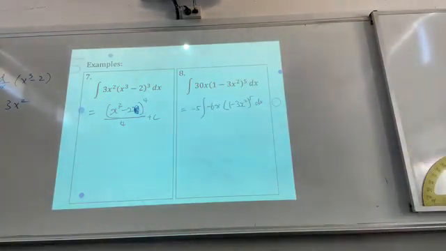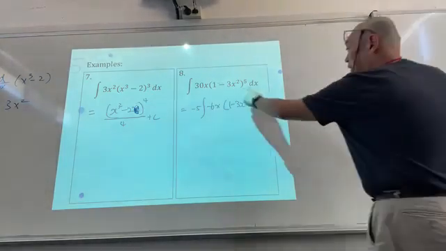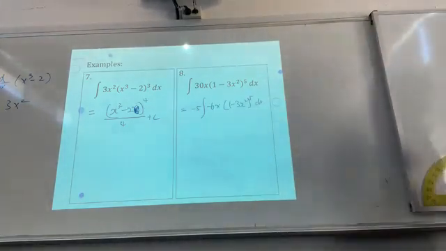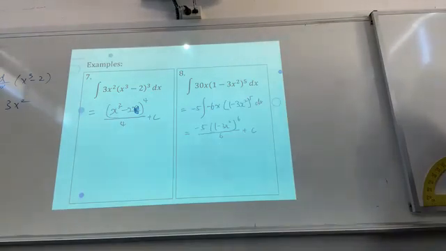Kinda lost on this one, eh? Differentiate what is inside first and relate it to this whole thing. Alright? So from there, this is what you do.